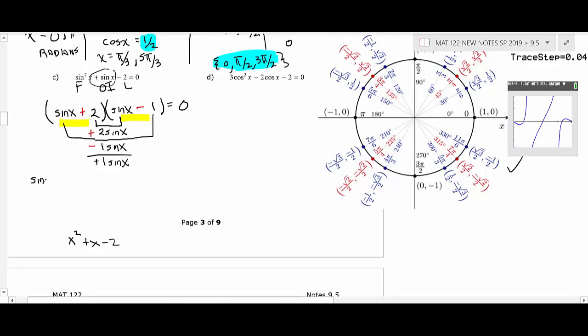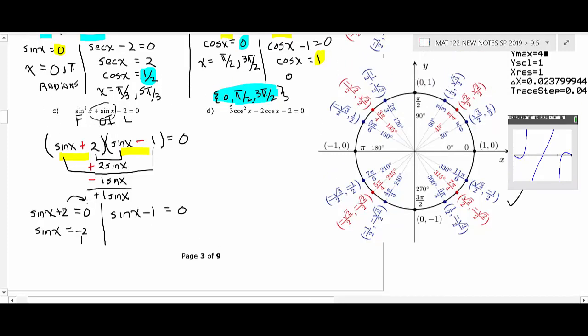So we need to solve the equation sine x plus 2 equals 0. And we also need to solve the equation sine x minus 1 is equal to 0. Okay, like that. All right, then we'll solve these two equations. So the concept is, again, subtract 2 from both sides. You would have sine x equals negative 2.